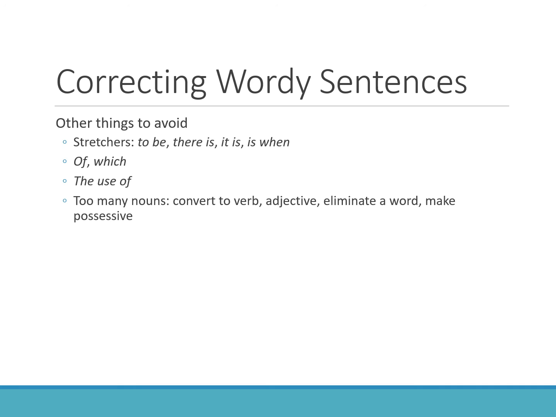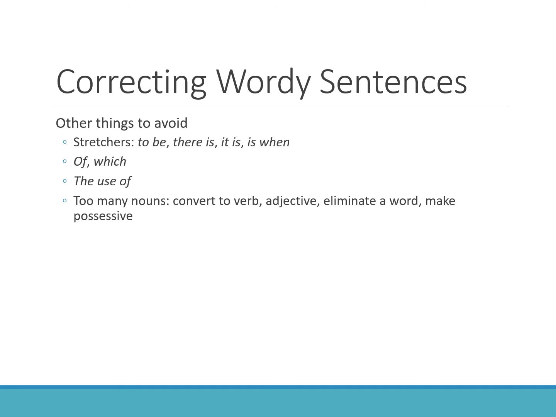If we're looking at of which, generally we can eliminate the ofs and whiches. So for something like he persuades us through the use of logic, we can just say he persuades through logic, right? And get straight to the point, eliminating a few of those unnecessary words.